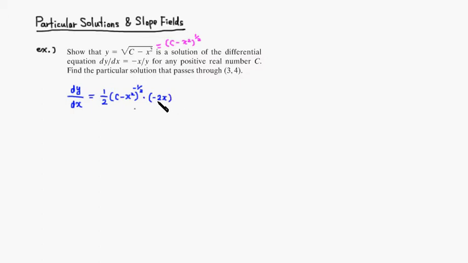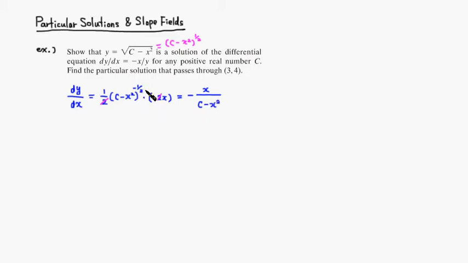Let's clean this up. There's a 2 on top and a 2 on the bottom, so you can cancel those. There's a negative sign, so this is going to be negative x over, since you have a negative power, c minus x squared sits on the bottom.